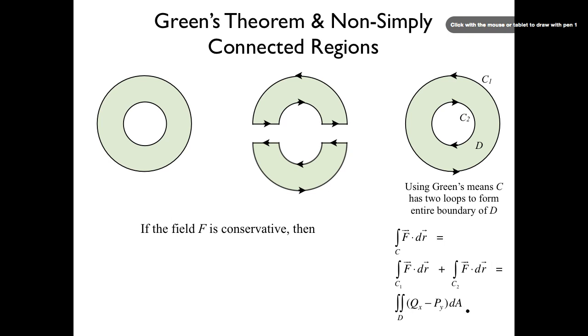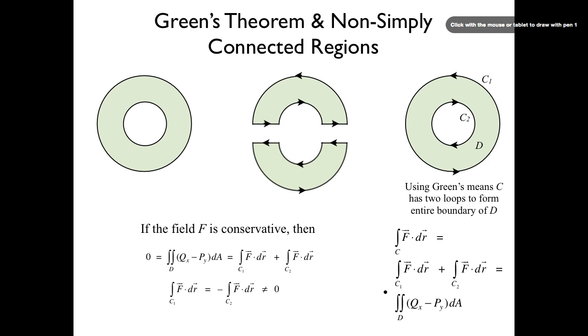That's 0 because conservative vector field means those are equal. So then 0 equals the sum of those two, C1 plus C2. And so C1 plus C2 have to be equal and opposite values in their line integral in order for them to sum up to 0. Does it make sense?